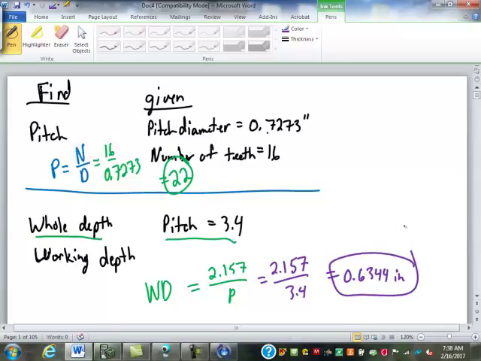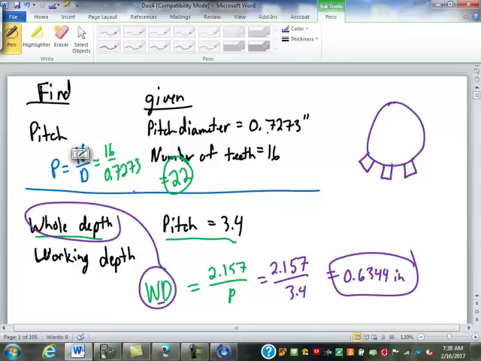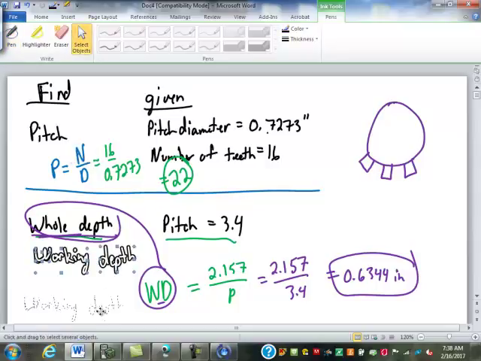So the hole depth, if we're looking at a gear, pretend that looks round. Which one did we just solve for? We just found the hole depth. The hole depth is the top one. I haven't done the bottom one yet.